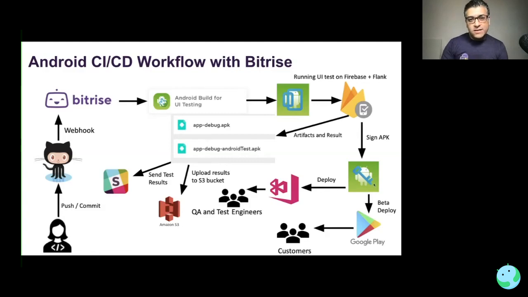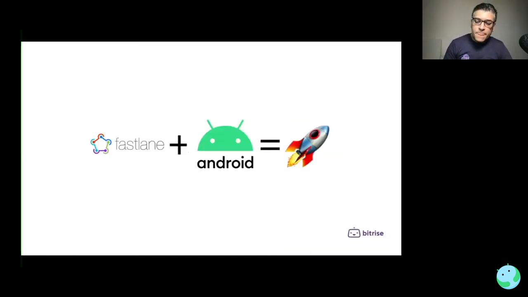Once everything is okay again, we can also deploy the beta to the Google Play Store and to the customers. So here we can deploy our application as pre-production and to the App Store, and you can specify the channel, in the way that you want to deliver your application.